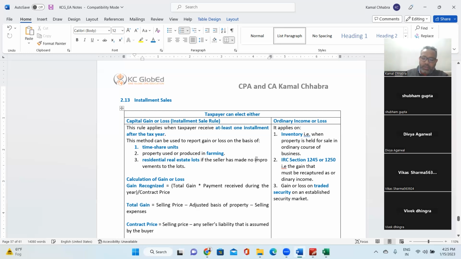So in these three scenarios, you can use the capital gain method. First one is the timeshare unit.